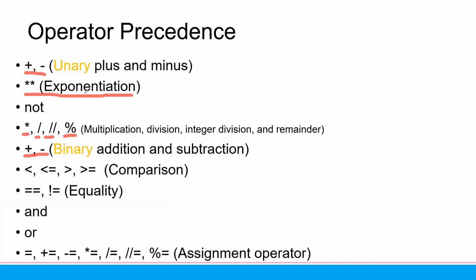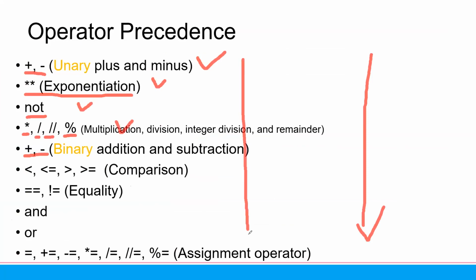Exponentiation is the higher precedence. Not is the higher. So this one is the priority. This one is more important than this one, and so on. So you can see that this assignment will be the last one, or the least important.